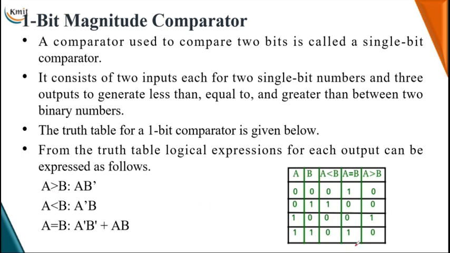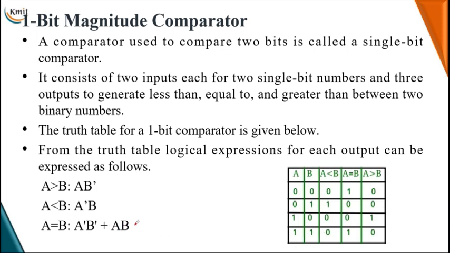A greater than B equals A B bar, A less than B equals A bar B, and A equal to B has two minterms: A bar B bar plus AB.